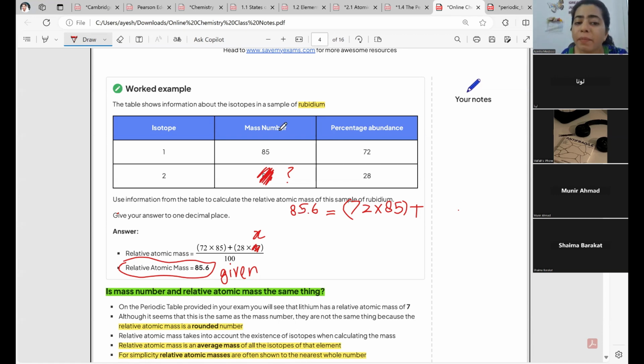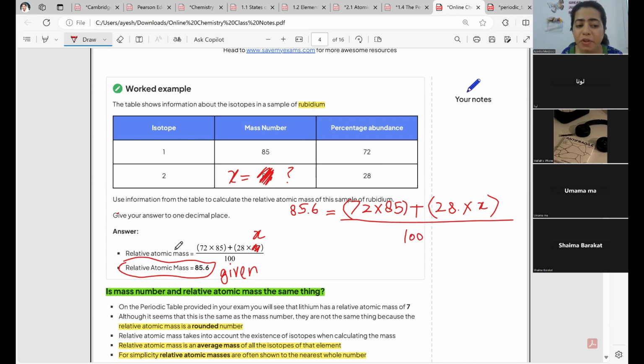So see, we have the relative atomic mass given, 85.6. We have the mass number of the first isotope, 85, and its percentage, 72, given. We have the percentage abundance of the second isotope, 28, given. We don't know its mass number, X. We have to find this X, divided by 100, same formula.